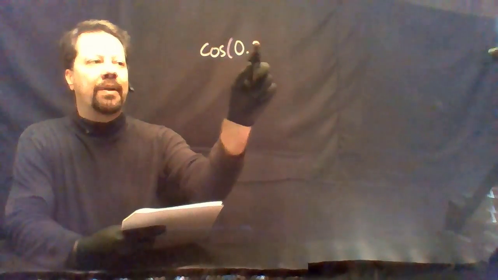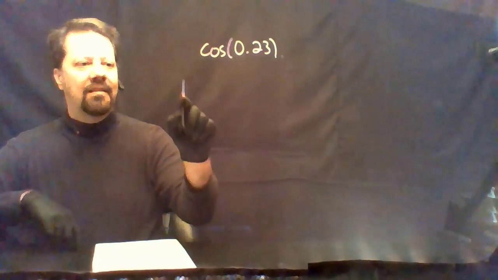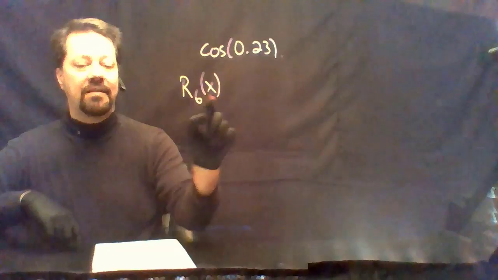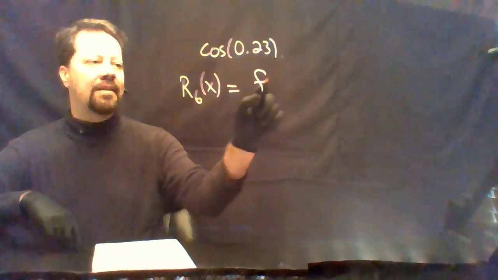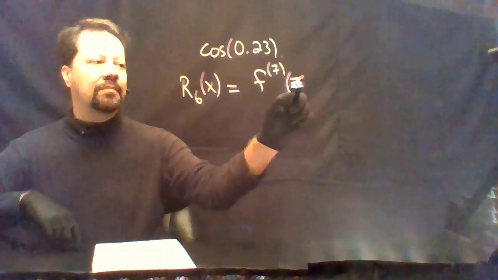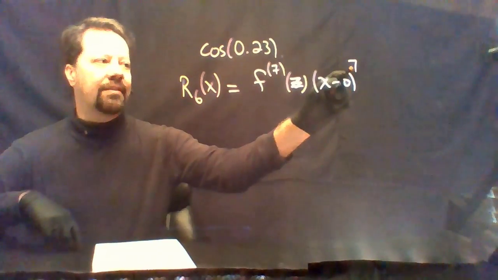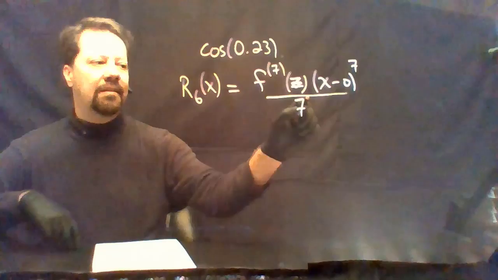The next problem says, use the error formula to find an upper bound on the error when using the Taylor polynomial of degree 6 centered at 0 to estimate the cosine of 0.23. The remainder formula, centered at 0, is the 7th derivative evaluated at some point z, times (x minus 0) to the power 7, divided by 7 factorial.